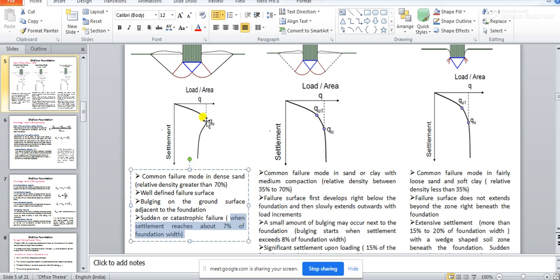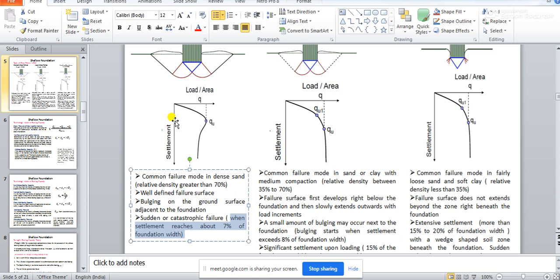So when you are reaching this qu, the settlement value will be approximately around 7% of the foundation width. This is your general shear failure, and this is one of the most common types of failure in foundation soil.